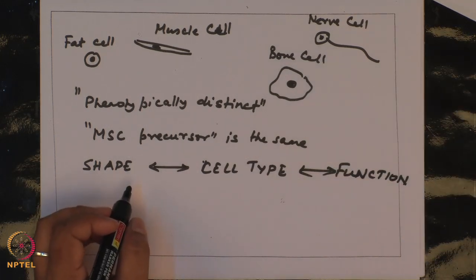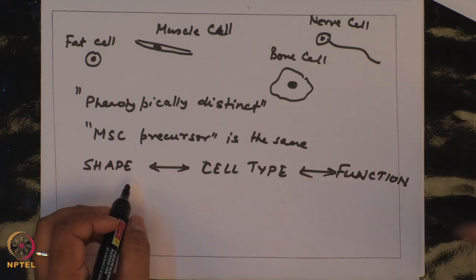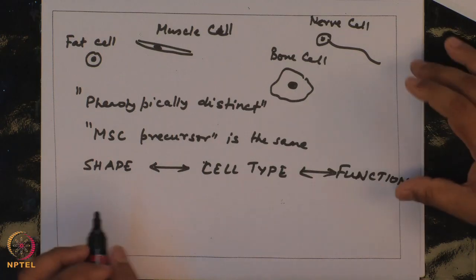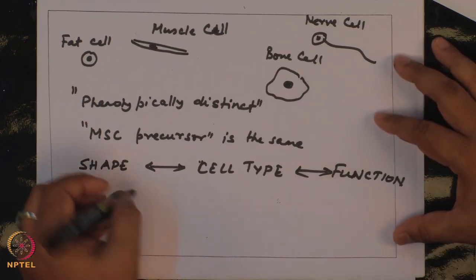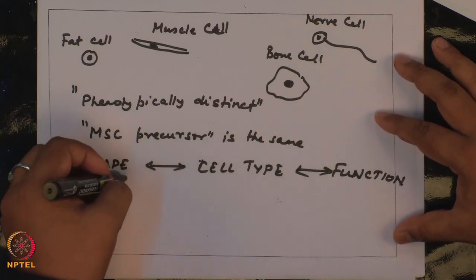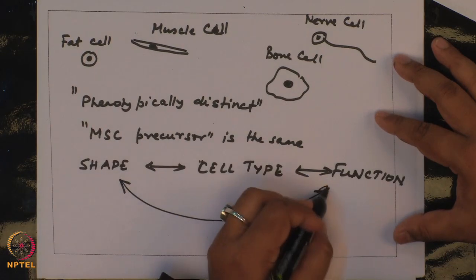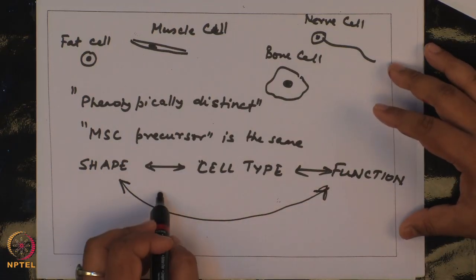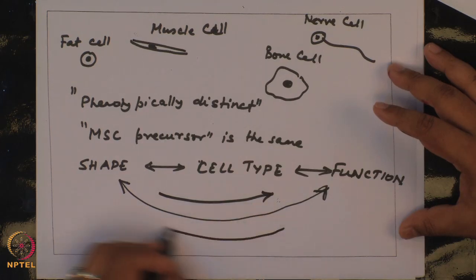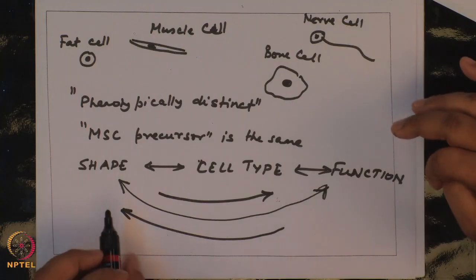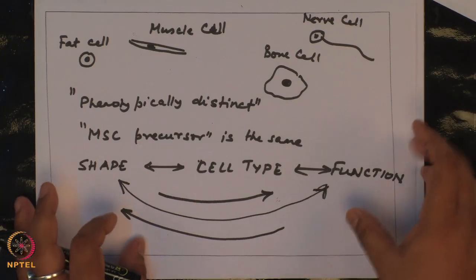So, the question here then becomes: is it possible that function of cells is directly related to the shape? And what is the nature of the dependency? Is it that shape determines function or function determines shape? That is the question to be asked. Typically we always think that genotype dictates phenotype. However, is it possible that by changing the phenotype you can alter the function of stem cells?